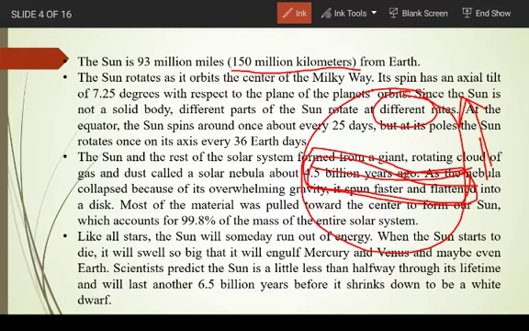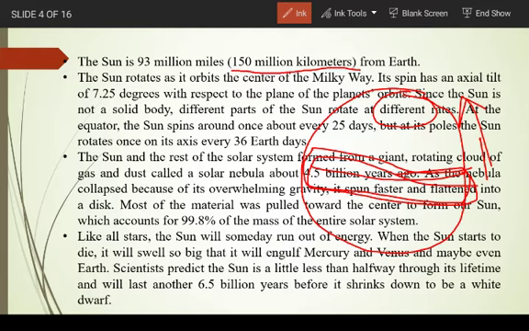Now, how was the Sun formed? As the nebular theory suggests, the Sun and the planets were a giant cluster of gases 4.5 billion years ago.